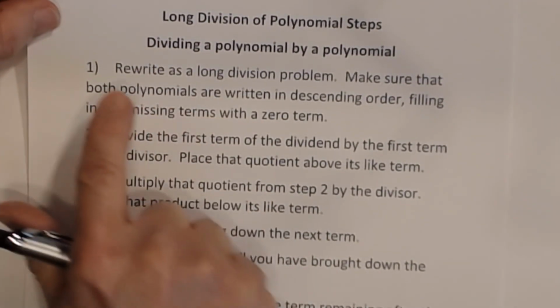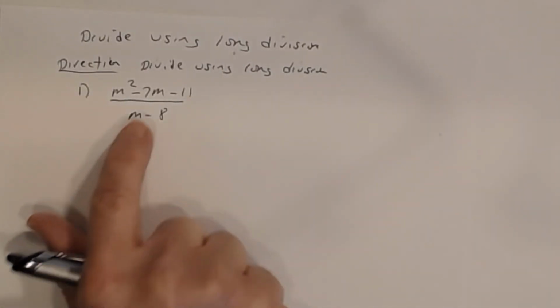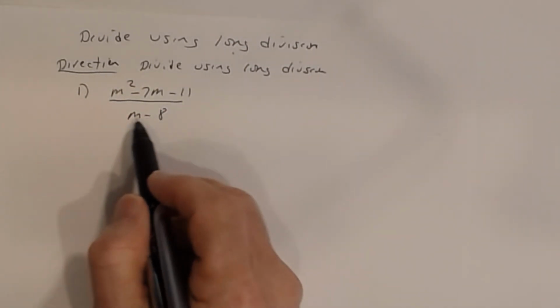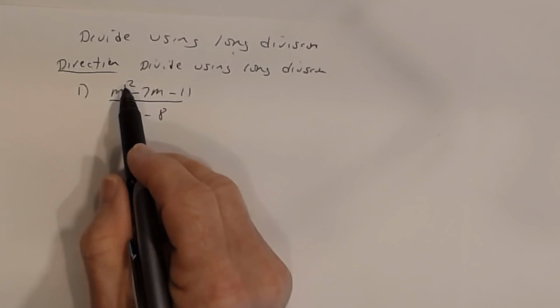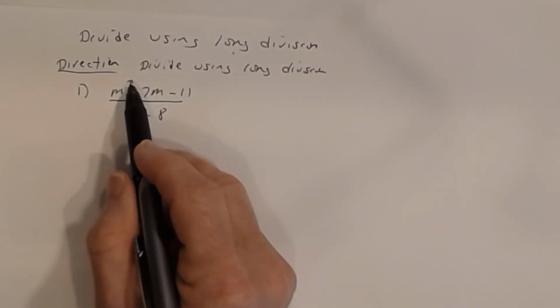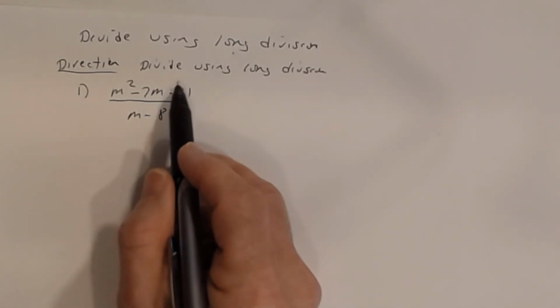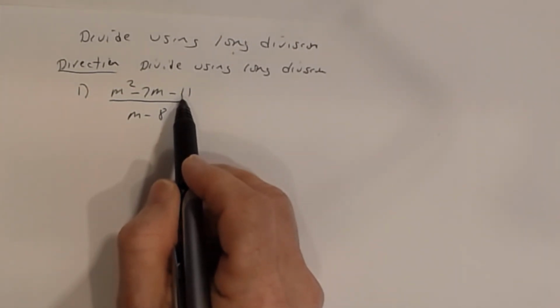Okay, so let's talk about number one. This polynomial is in descending order, and so is this one. Descending order means you have your largest exponent first. See, that's a 2. Then this is a 1, m to the first, and then your constant is last.